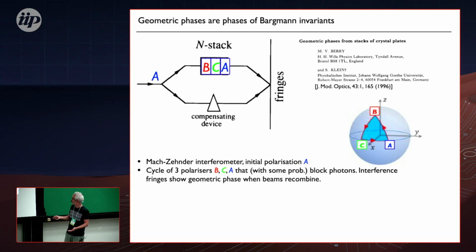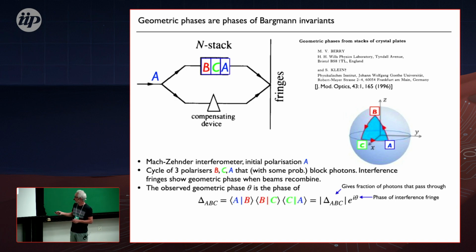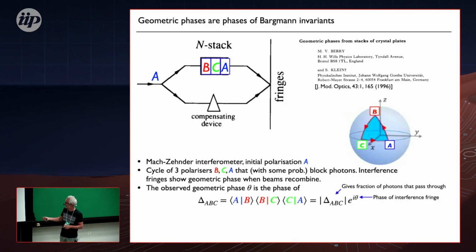This sequence of polarizers is taking the state of this arm on a cyclic path in state space, okay? And when you look at the phase that appears here, that controls the interference, it is exactly the phase of these states, where these states are the initial polarization and the eigenstates of this polarizer, and this one, which has to be the same as this one for the cyclic thing to happen.